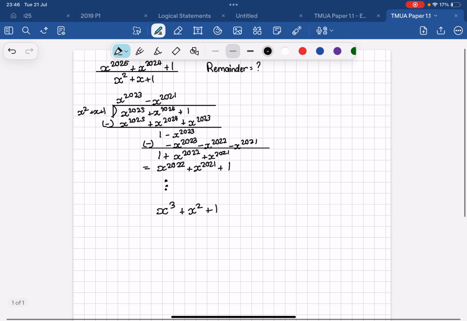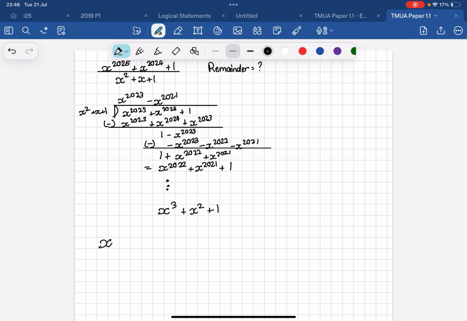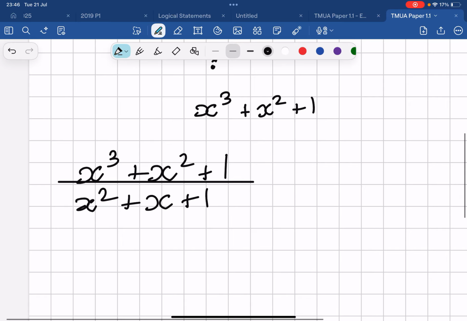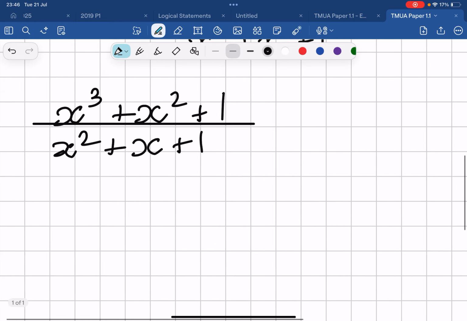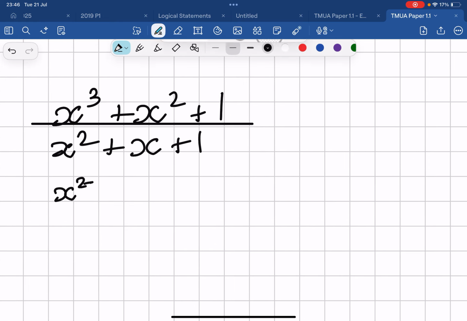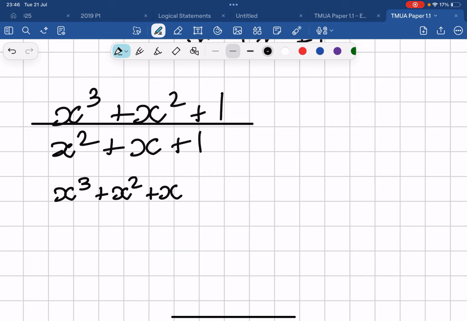Now all we need to do is, again, divide x cubed plus x squared plus 1 by x squared plus x plus 1. Notice we've got 3, 2, 2, and 1 as our powers, so we can sort of force a multiple of the denominator on the top by adding an x and then subtracting an x.